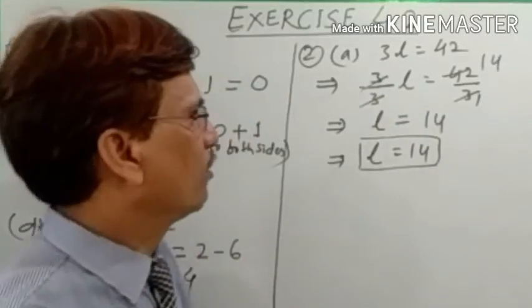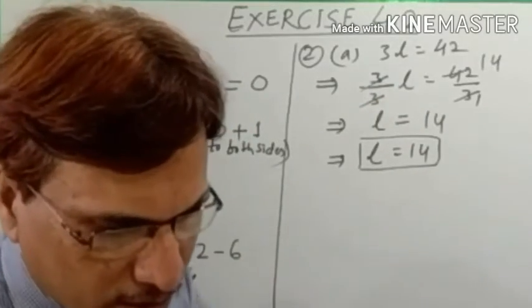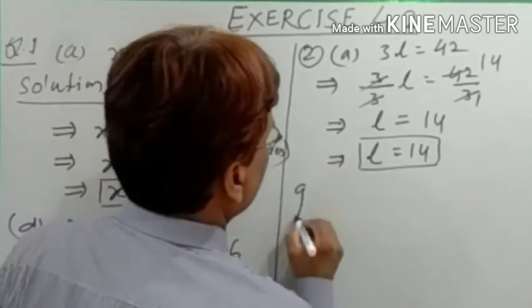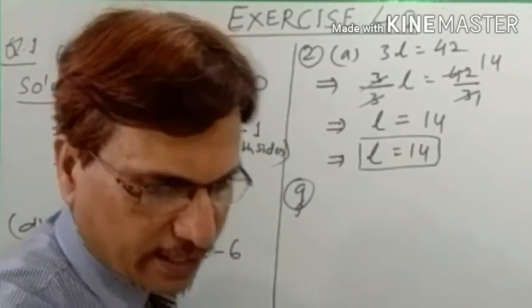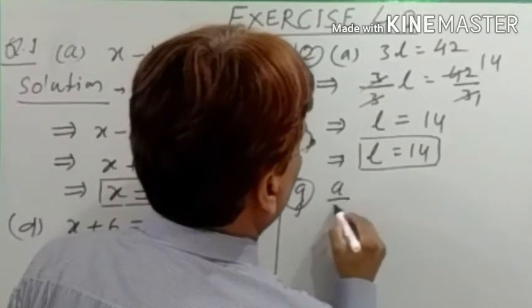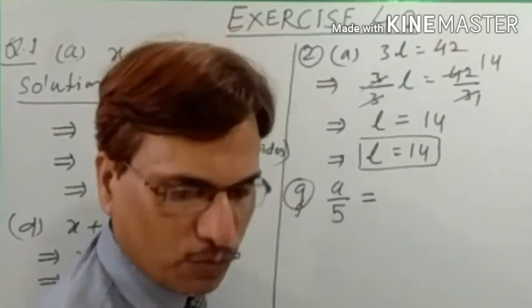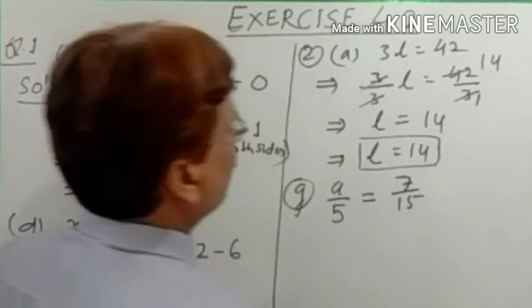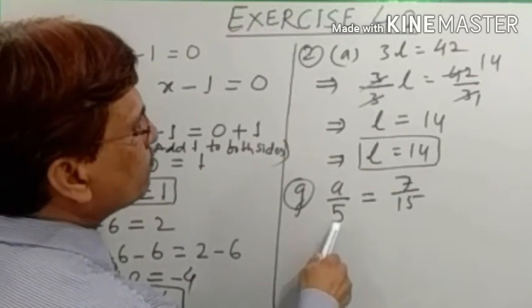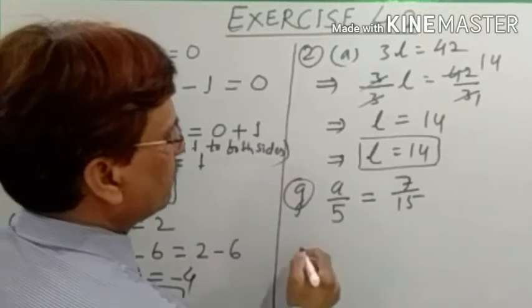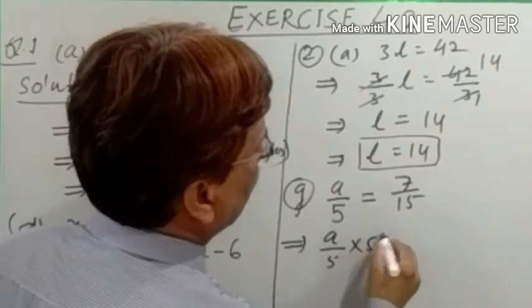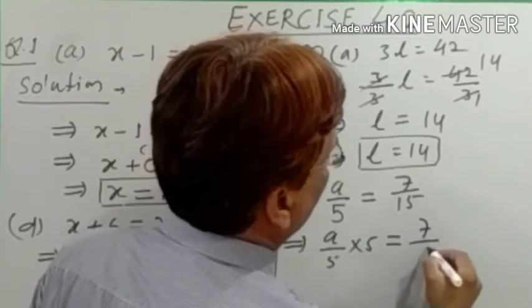Okay. Now question G. A upon 5 is equal to 7 upon 50. Separate the variable. So we have to multiply by 5.